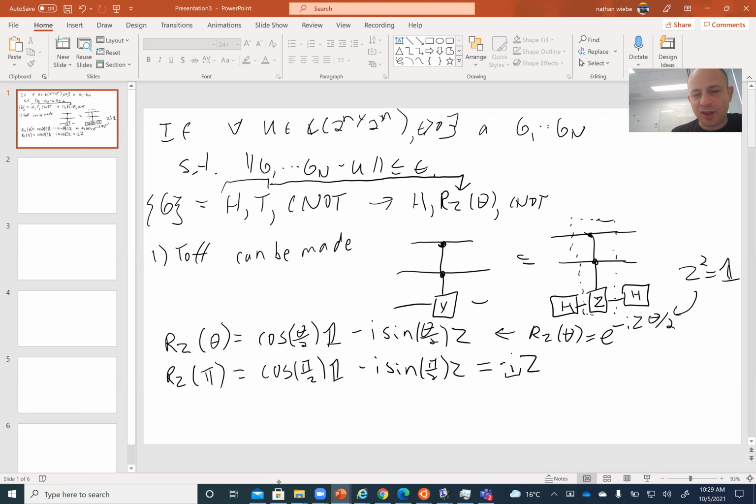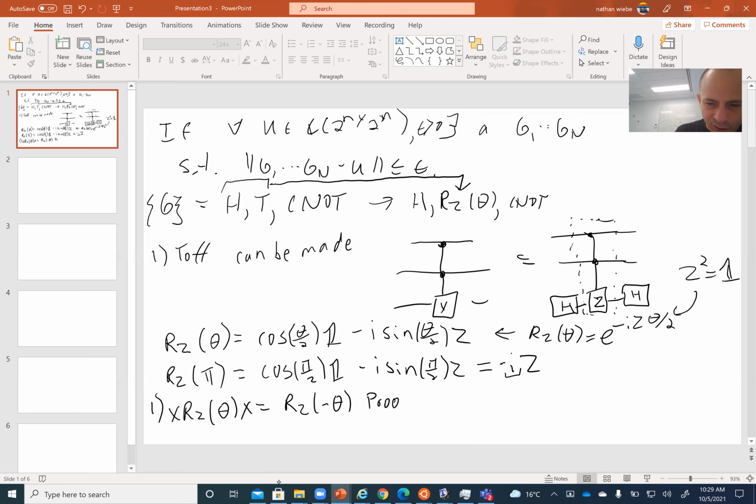So we can build a Z gate using an RZ operation. Awesome. So now our trick is to use this and the properties of our Z operations. There's a couple of properties that we're going to want to use. Property 1: X RZ of theta X is equal to RZ of minus theta.